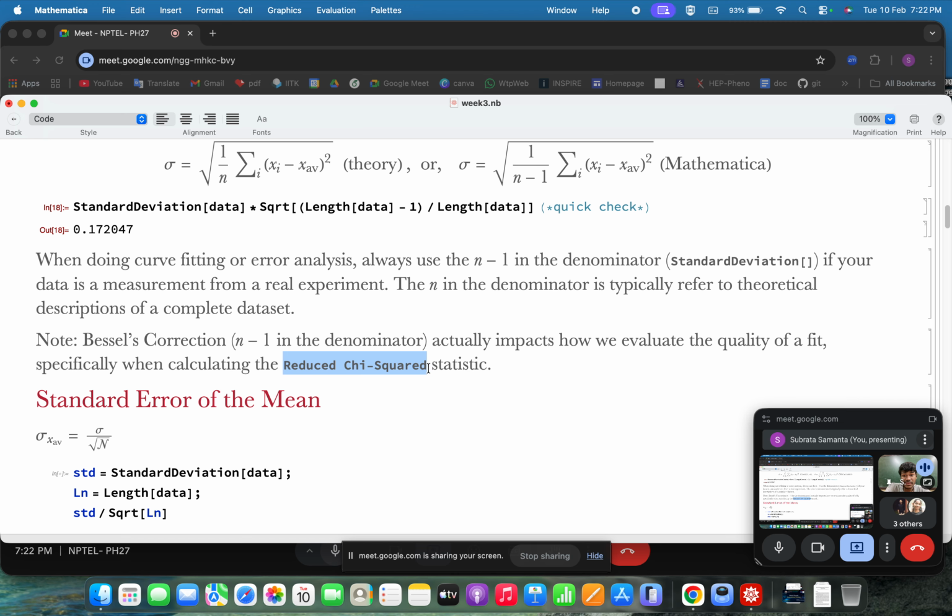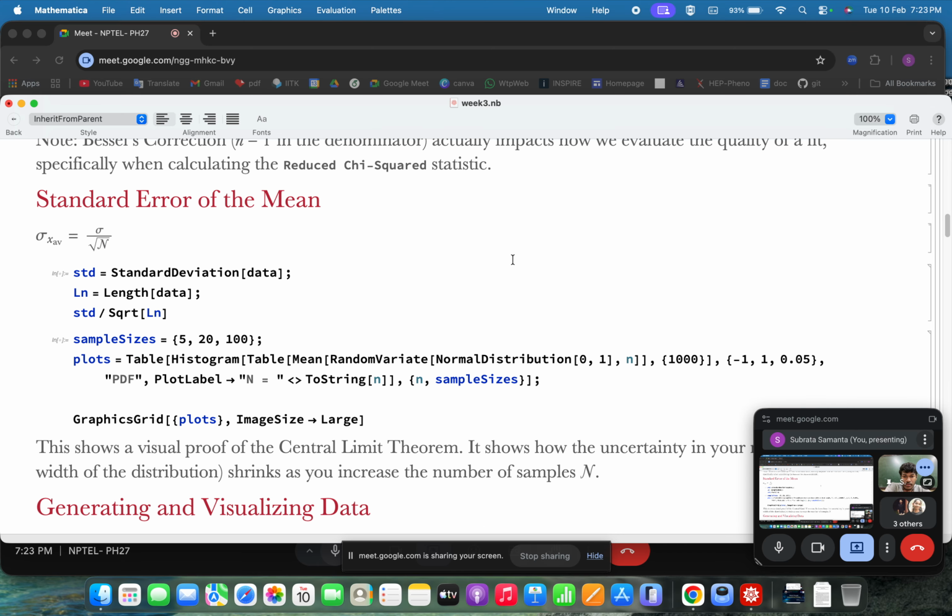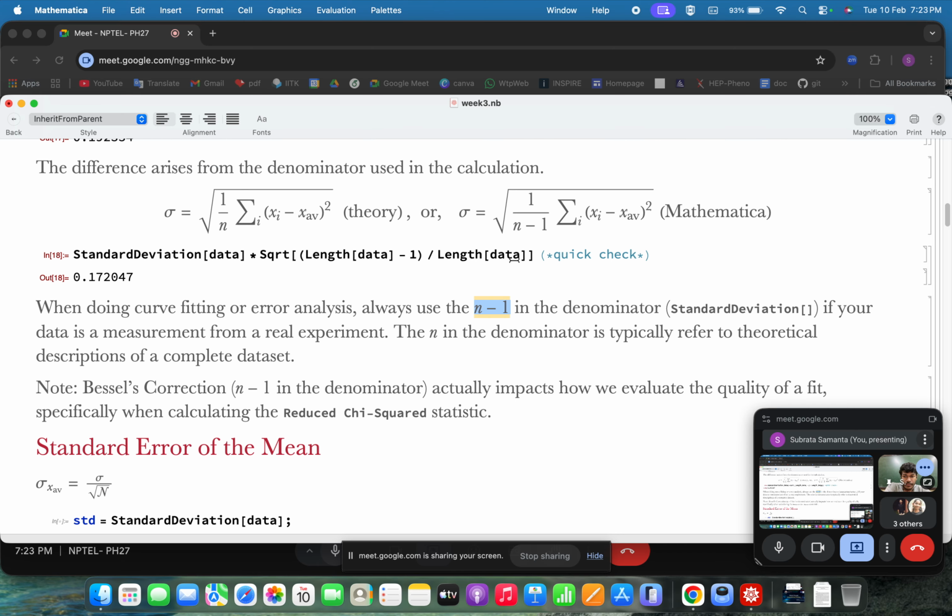One thing is clear here: when we use n, that means it is basically the population, and when we use the sample, that is basically from experiments. So, you have some sample data, then you use n minus 1 in the denominators. While doing curve fittings or error analysis, you always use n minus 1.